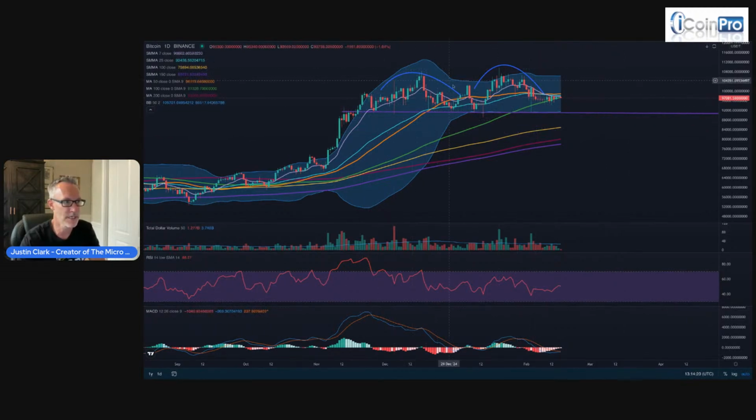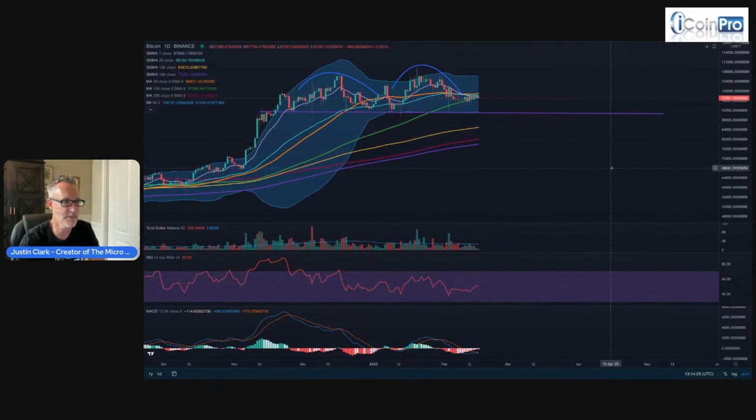So unfortunately, could mean that the party's over for a little bit or we're in for a deeper retrace after it, who knows after that. But looks like the market is seeing this because this neckline here, this purple line, is the key resistance. And if we lose this 89, 90K area, then we could see the market really start to have some challenges.